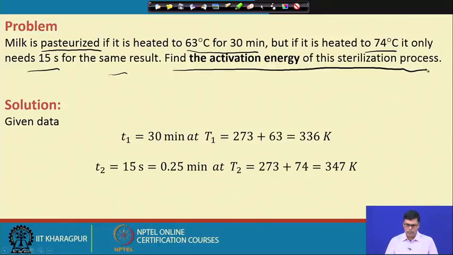Now, here I want to tell you one interesting thing: this process we call the HTST technique. HTST means high temperature short time technique, because we find that if you keep the material for a smaller time, then the destruction of the nutrients, particularly vitamins or amino acids, will be comparatively low as compared to keeping it for a longer period of time.